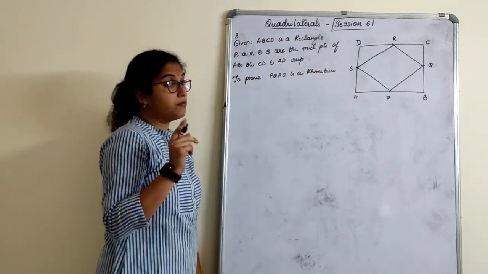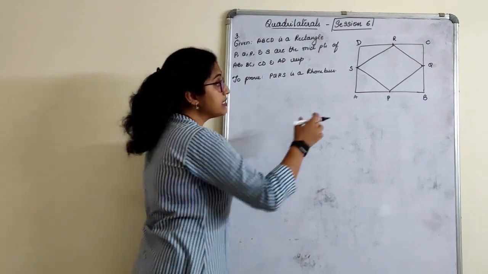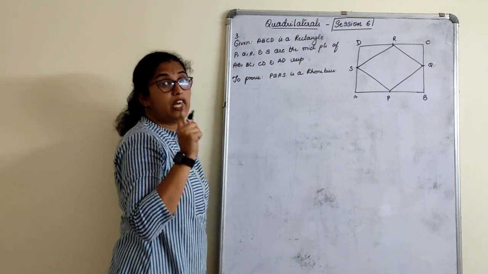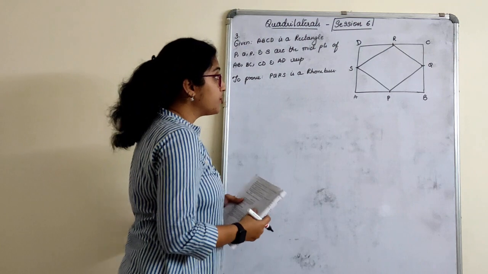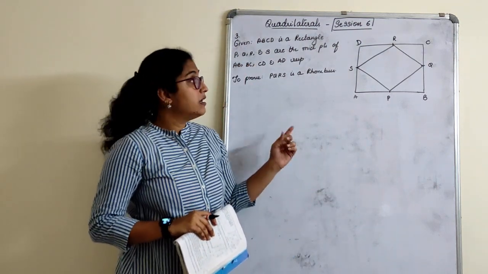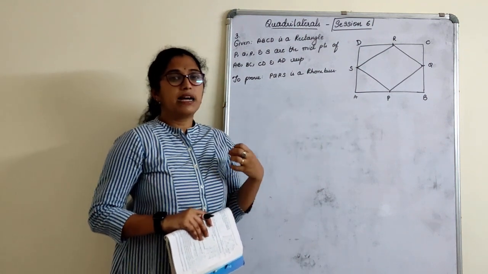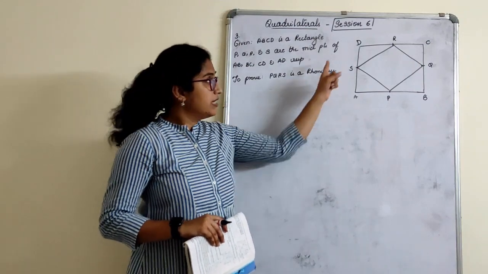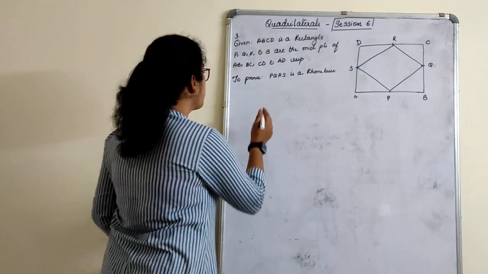The only property of a rhombus that applies here is that all the sides are equal. That means it is a parallelogram with adjacent sides equal. Of course, it will not satisfy the diagonal property here. Sometimes we can't use the diagonal property, so we concentrate on the sides.